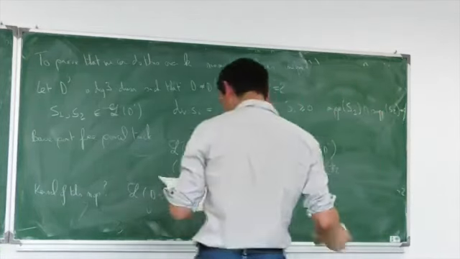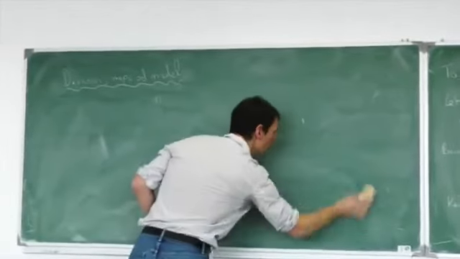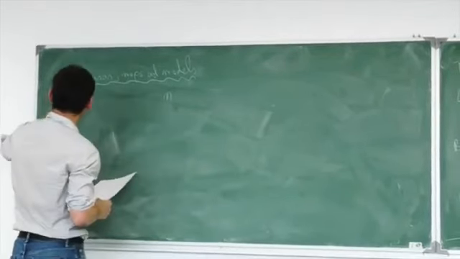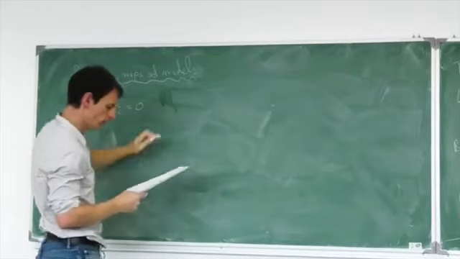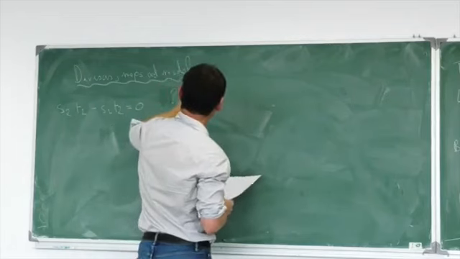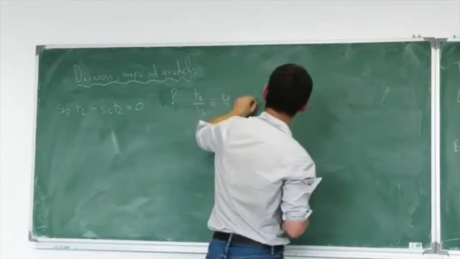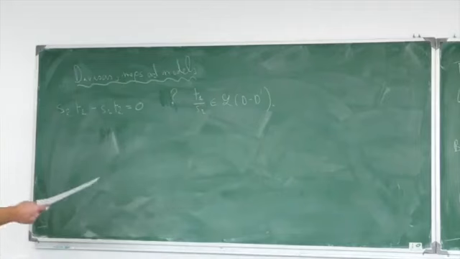So, to prove this, let's assume we have an element in the kernel. So we have S2 T1 minus S1 T2 equal to 0, and we need to prove that indeed T1 over S1 is inside L of D minus D prime. If I do that, I'm fine. Of course, you have to do it for T2 over S2, but this is symmetric.